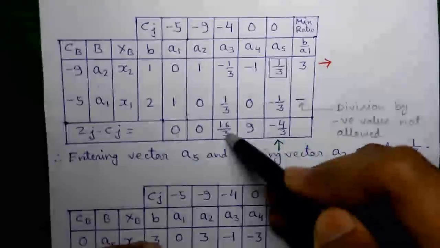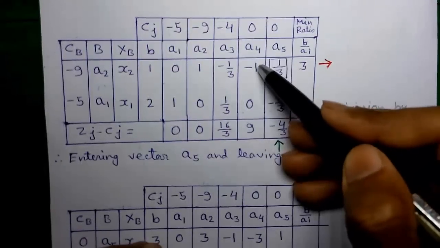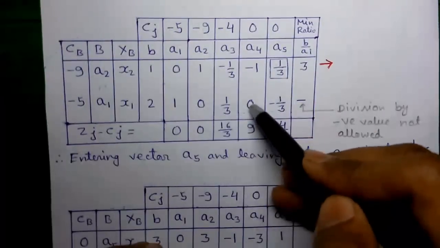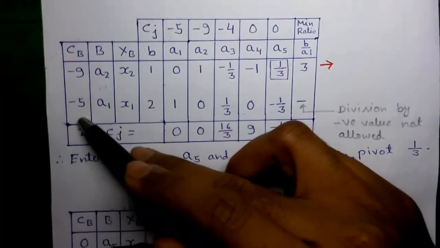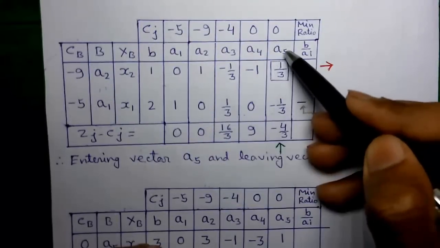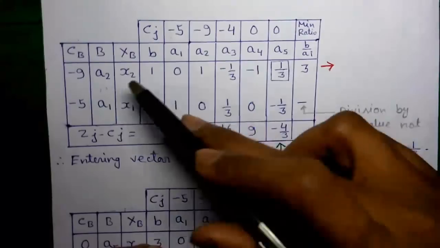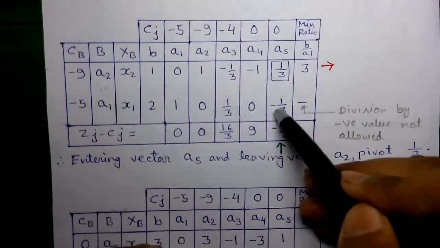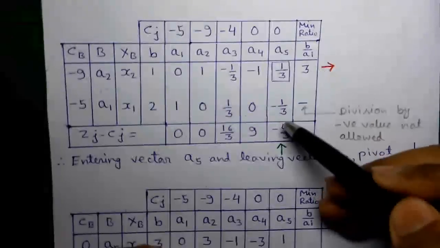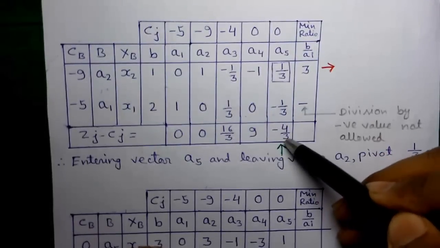So that equals 16 by 3. Next for A4, minus 1 into minus 9 plus 0 into minus 5 minus 0, that equals plus 9. And for A5, 1 by 3 into minus 9 plus minus 1 by 3 into minus 5 minus 0, that equals minus 4 by 3.